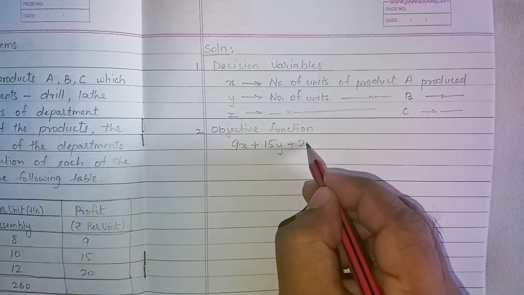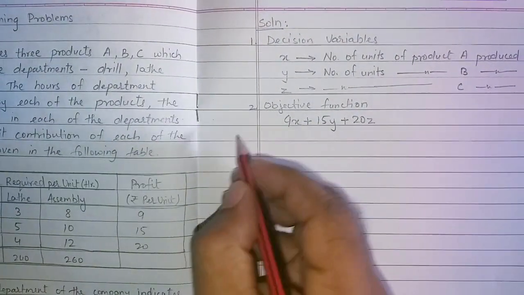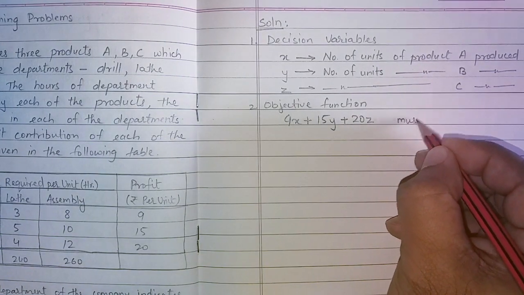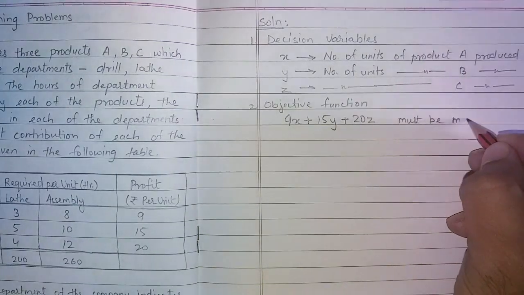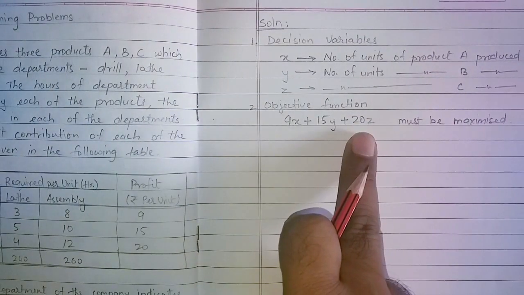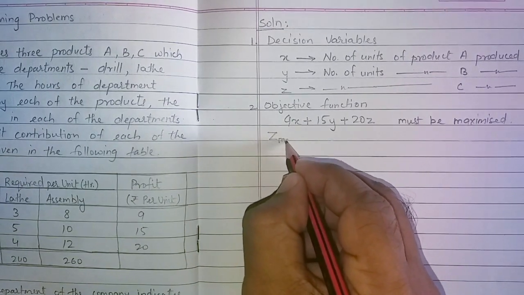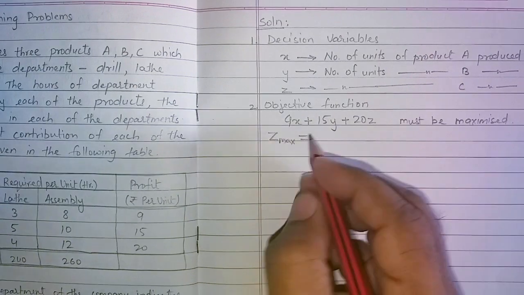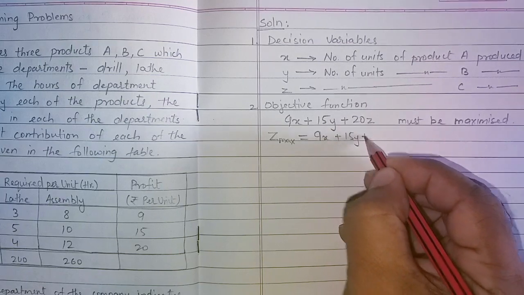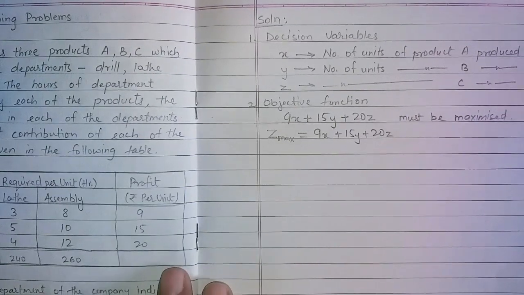Fine. So this is my function. It must be maximized. If you want, you can also write it like this: Z max, with a capital Z, and this Z is different. We have 9x plus 15y plus 20z. So this becomes my objective function.